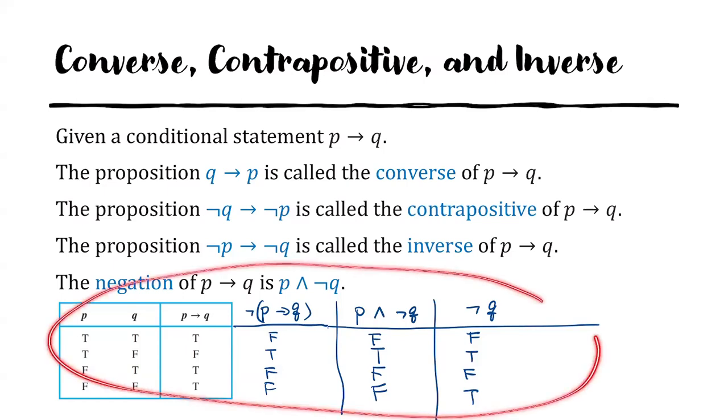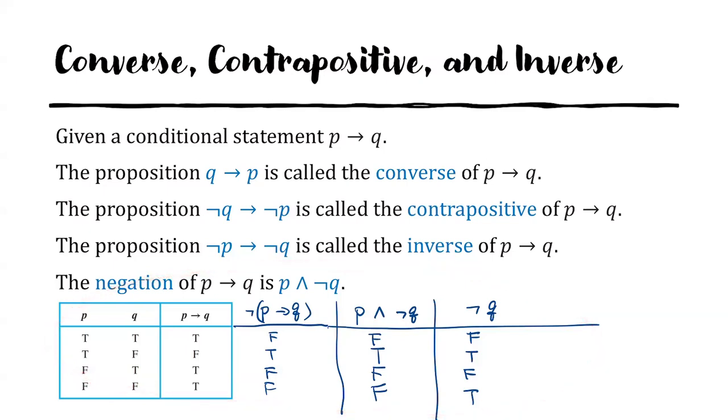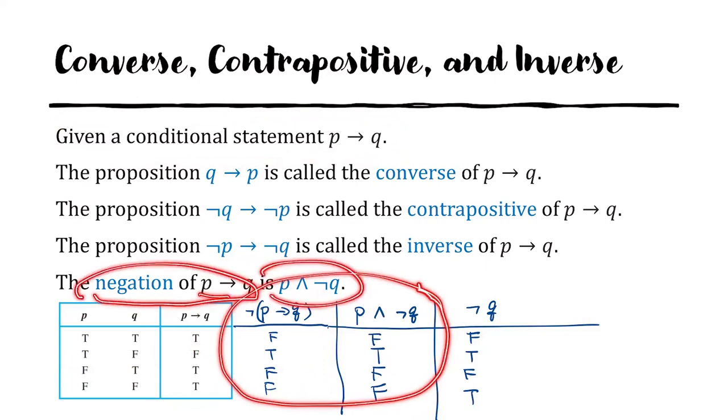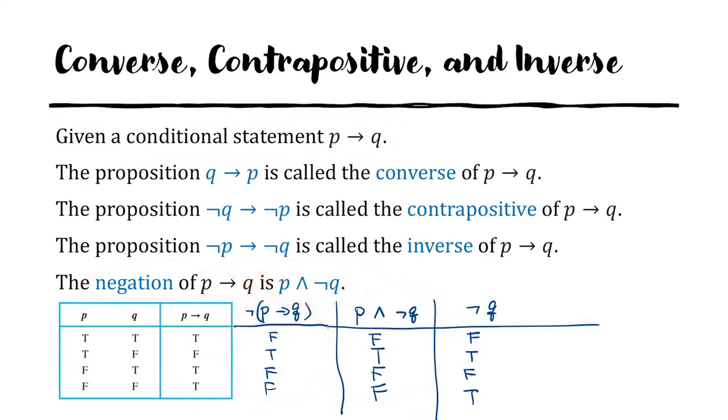Okay, so this chart here is just for the conditional statement P implies Q. Now I just want to show you the negation of P implies Q is the same as P and not Q. So I'm using the truth table to show you this: the negation of P implies Q is P and not Q.